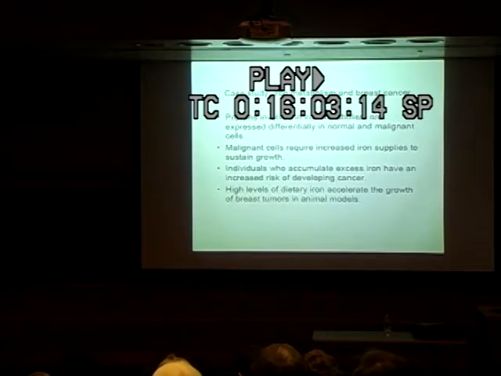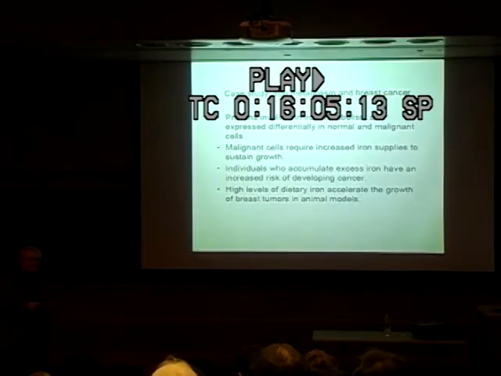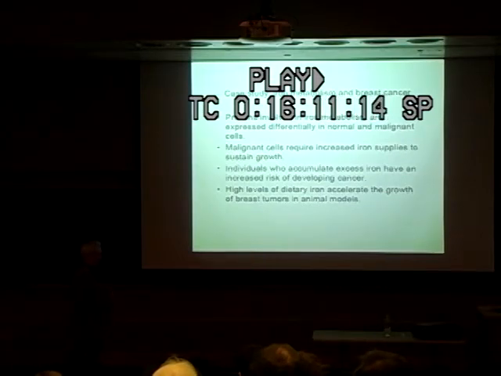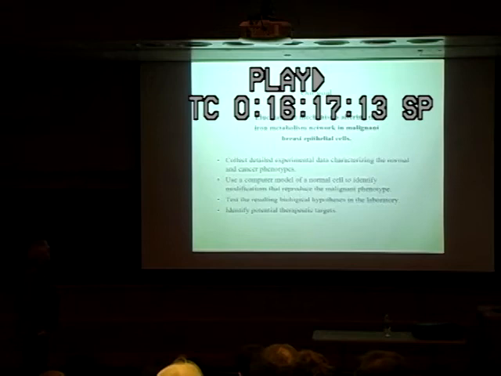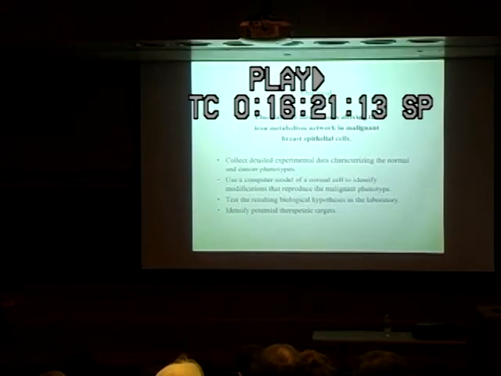And so it's known that iron homeostasis is regulated differentially in cancer cells, but there's actually surprisingly little known about how that happens. So let me just outline the goal of the project we have, which is funded by a grant from the National Cancer Institute. The idea for us is we would like to elucidate the mechanisms that lead to the changes in the iron metabolism network.